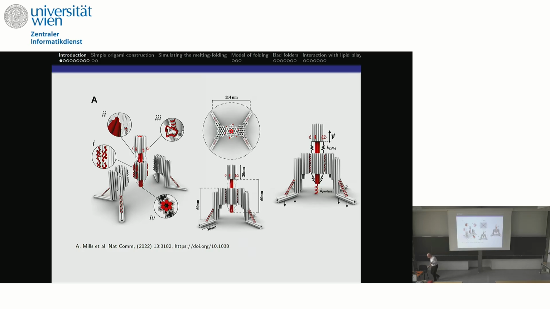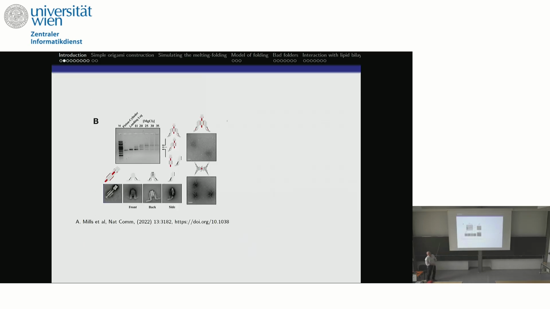Let me show you EM images that show that this is not just a model. This works, and after that, there is a full characterization of the action of pulling on a protein, which is actually an integrin, and how this can be characterized goes really beyond my talk.